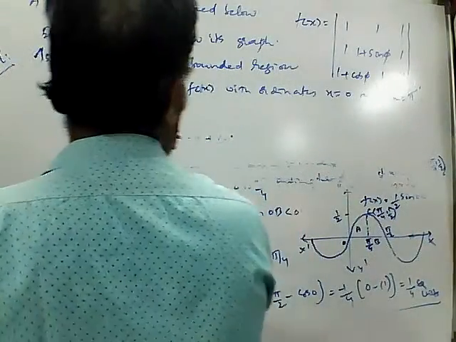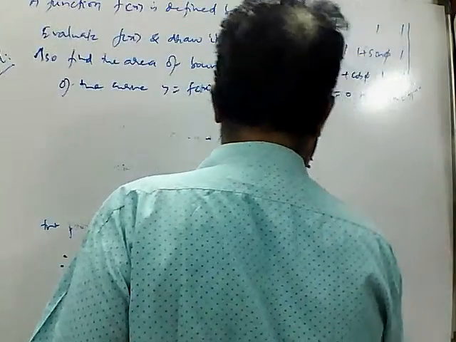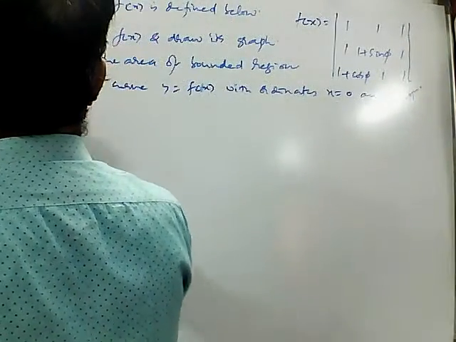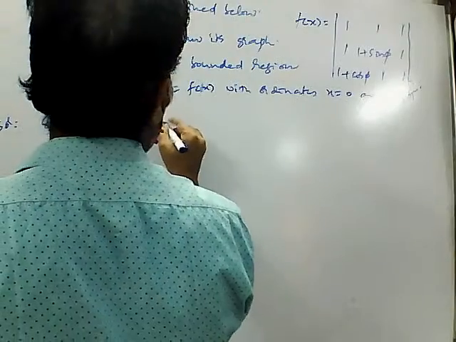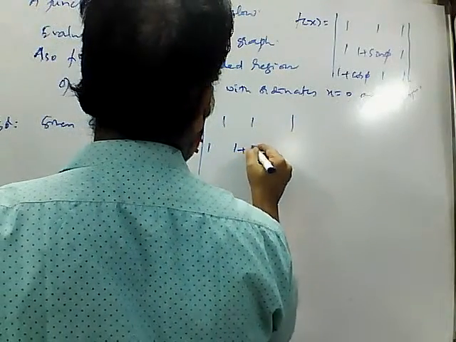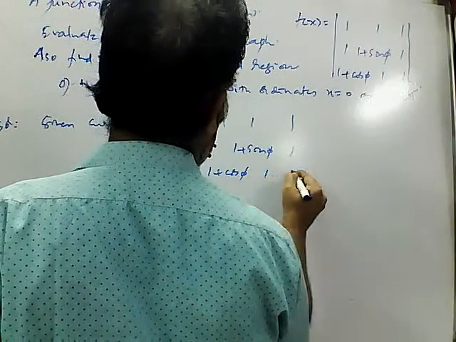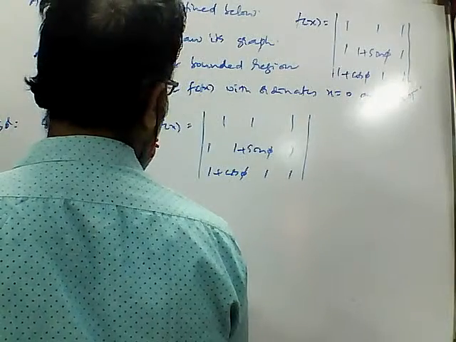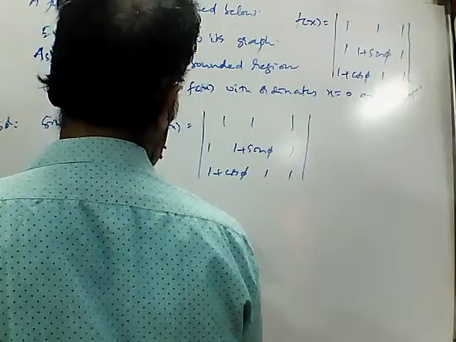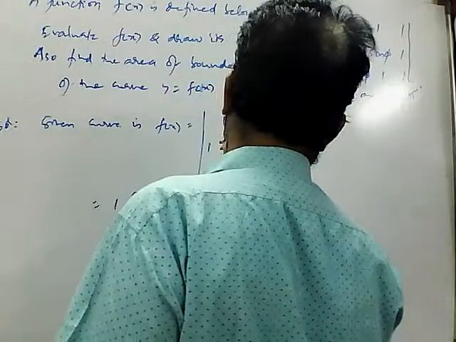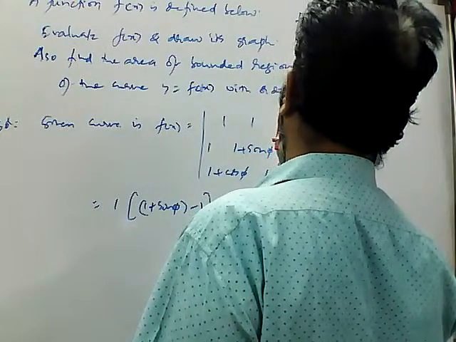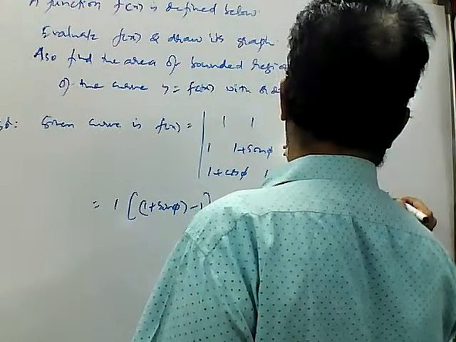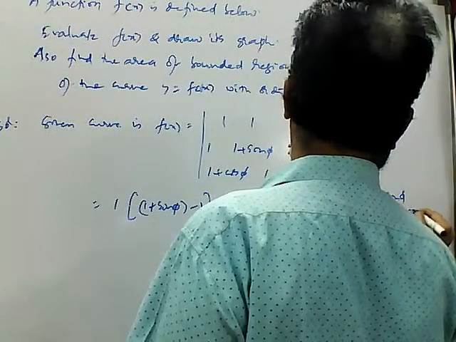Now we find this value first, f of x. Given curve is f of x equal to the determinant 1, 1, 1; 1, 1 plus sin phi, 1; 1 plus cos phi, 1, 1, which is equal to 1 into sin phi, minus 1 into minus cos phi, plus 1 into minus sin phi minus cos phi minus sin phi cos phi.